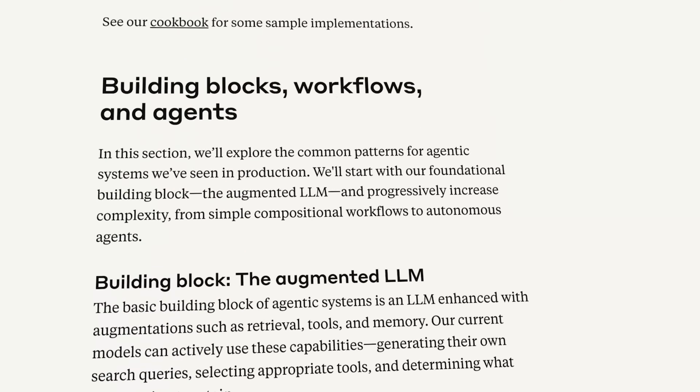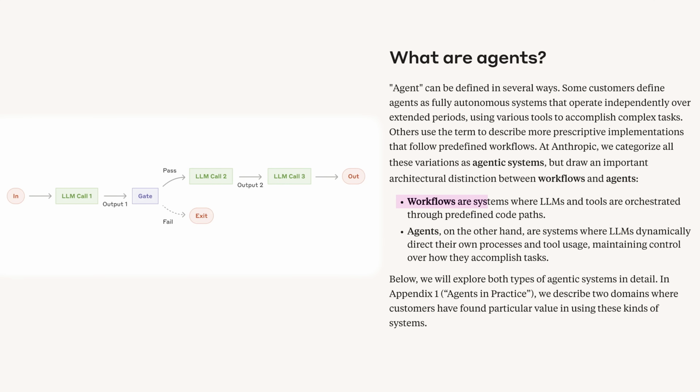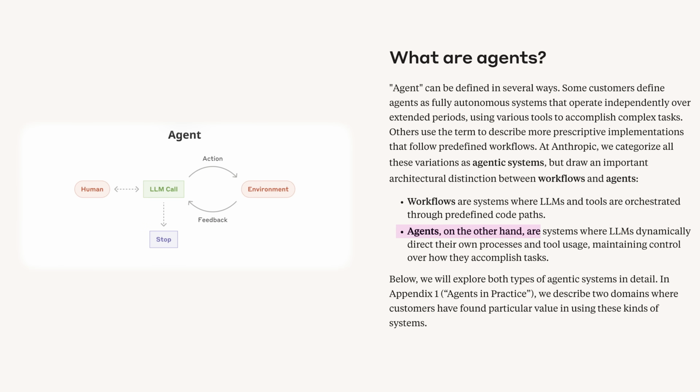I've already referenced it earlier in this video when we talked about the difference between workflows and agents. So once again, and I'm quoting here, workflows are systems where LLMs and tools are orchestrated through predefined code paths. Agents, on the other hand, are systems where LLMs dynamically direct their own processes and tool usage, maintaining control over how they accomplish tasks.